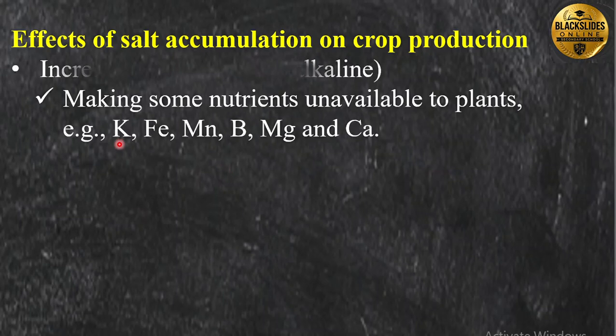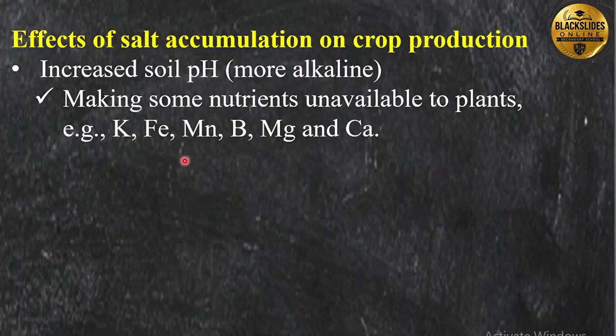Effects of salt accumulation on crop production. This is an exam question. It increases soil pH, meaning it makes the soil more alkaline. If the soil has too much salts in it, it is going to become more alkaline, making some nutrients unavailable to plants.